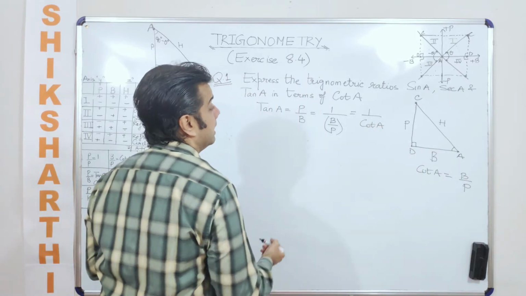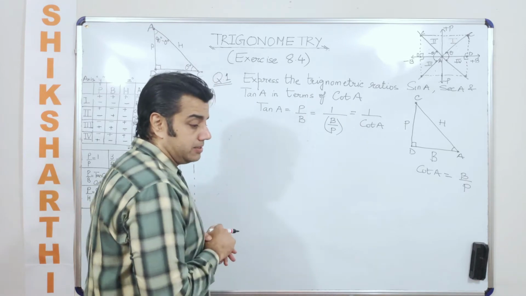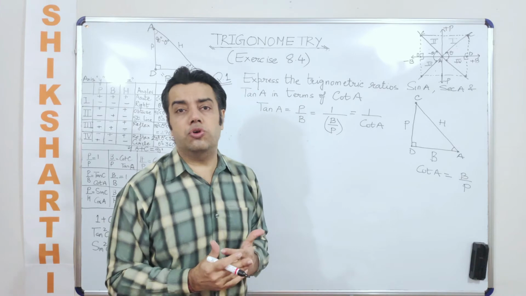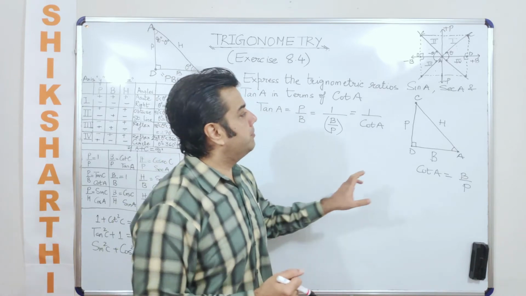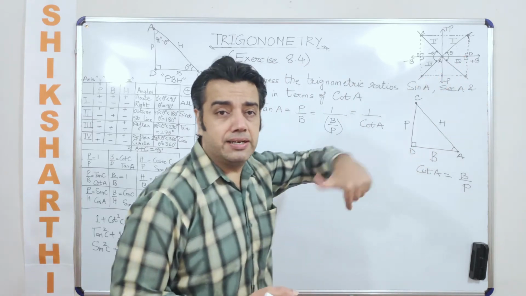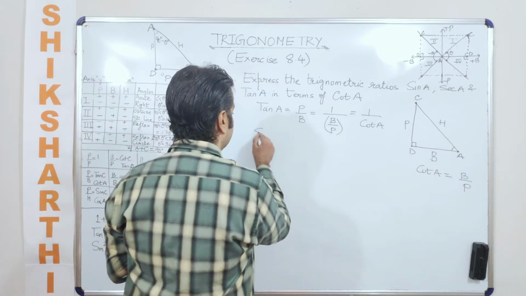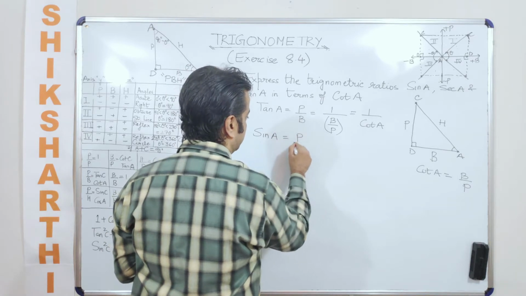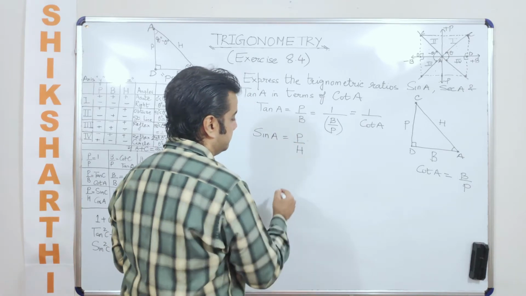So we got this. Now sec is basically what? Sec is the reciprocal of cos. So if I am able to find out cos A, then we can always find out sec A in terms of cot A. Now we know that sin A is equal to perpendicular upon hypotenuse.